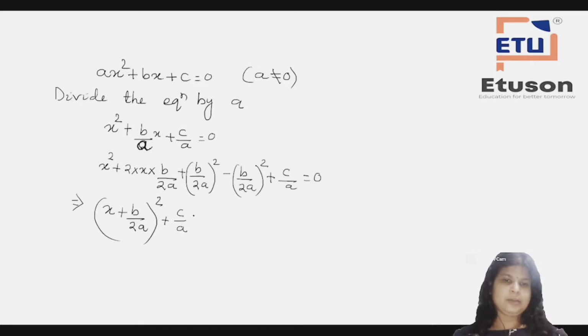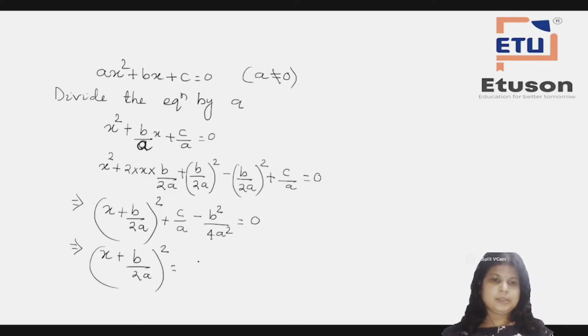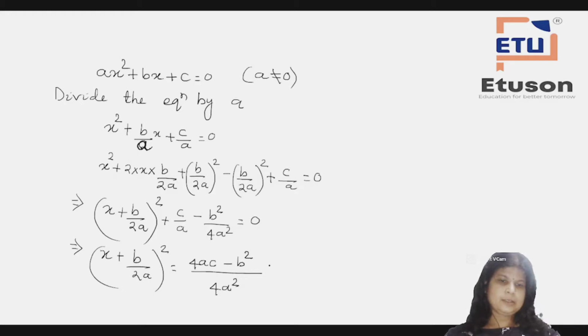So c by a minus b square divided by 4a square is equal to 0. Correct? So it implies x plus b by 2a whole square is equal to, so let us solve it. Your denominator will be 4a square and you have to multiply 4ac here minus b square. Okay, so this plus term will be there is equal to 0.